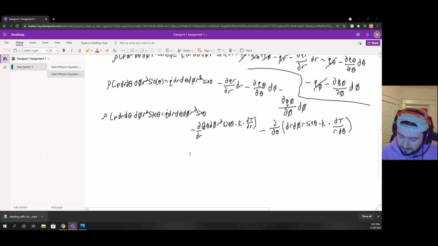And then one more term to subtract. We'll have partial derivative in terms of phi times dr d theta times r times k, our thermal conductivity, times dt over r sine theta d phi.